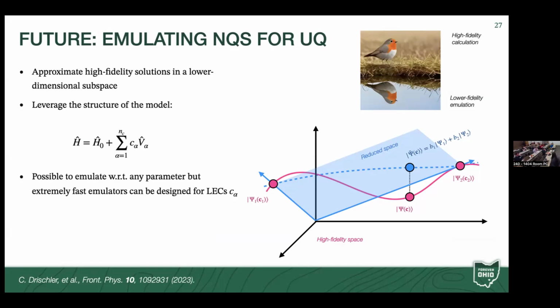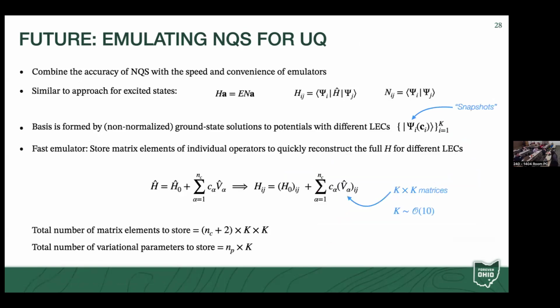But in order to do this, we need to train an emulator, which goes hand in hand with this approach to excited states. There are more technical details, but the idea is basically the same. Instead of having snapshots for a single LEC value, we're just using many different ones and forming our space.